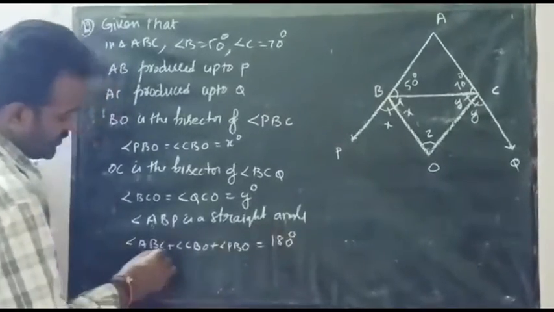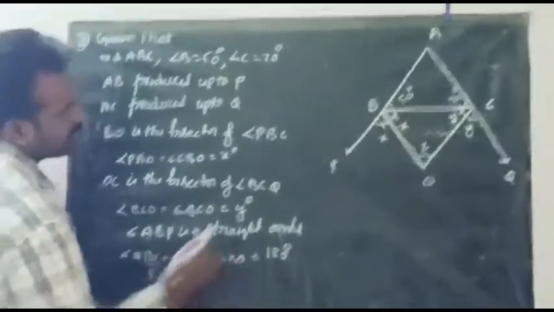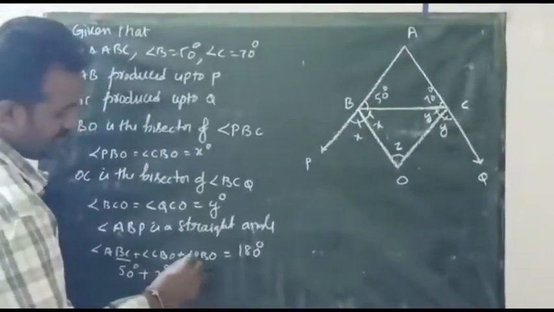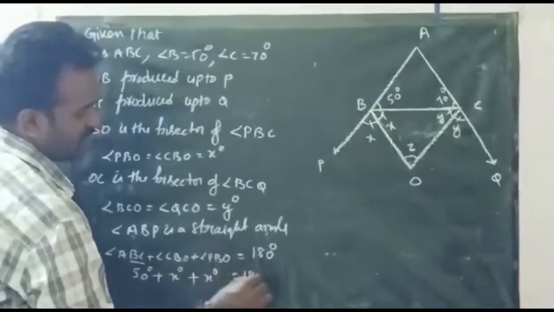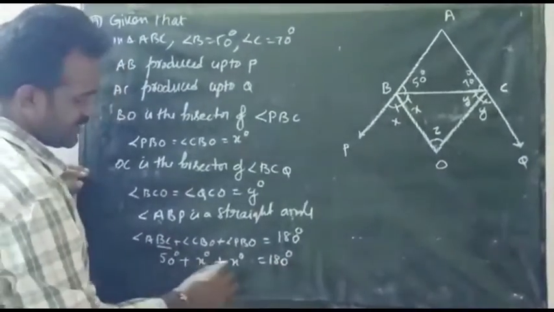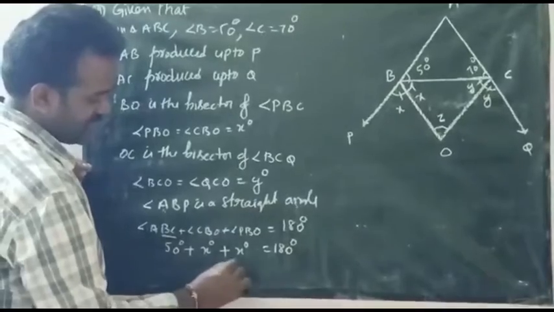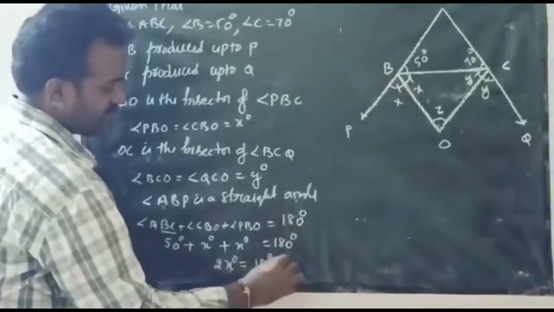So this angle is 50 degrees, plus angle CBO is x degrees, plus this angle is also x degrees, equal to 180 degrees. So 2x degrees, taking the 50 degrees to the other side, is equal to 180 degrees minus 50 degrees.